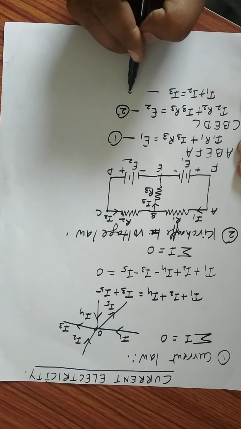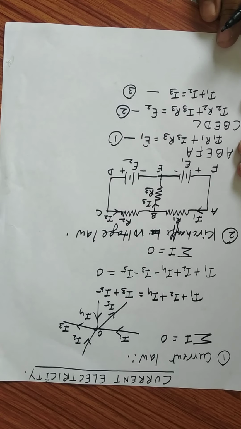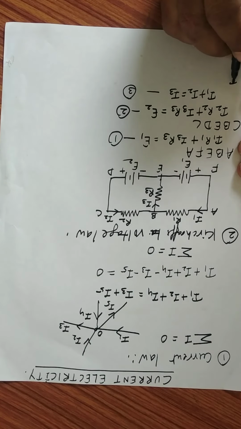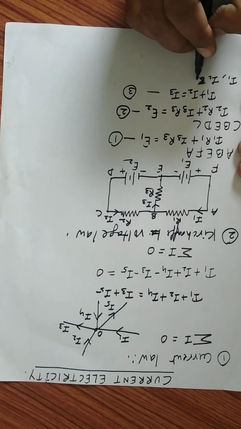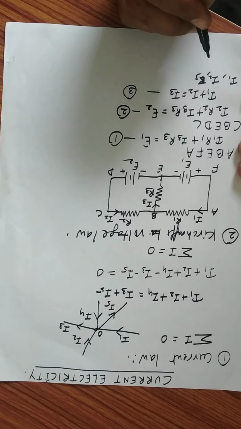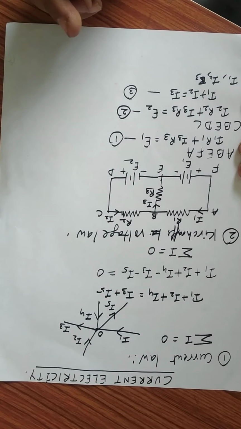So this is equation 3. Then using equations 1, 2 and 3, we can find out the currents I1, I2 and I3 in each branch of the circuit by knowing the EMFs E1 and E2.